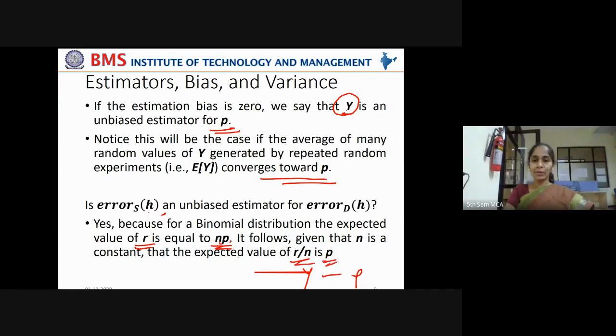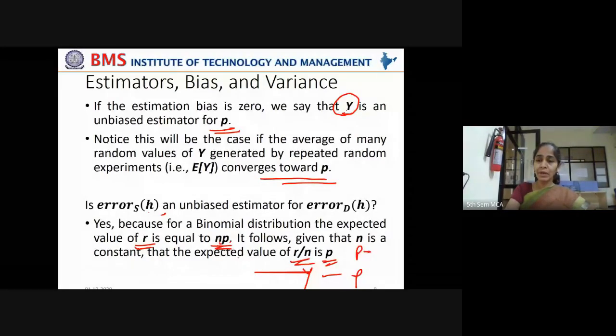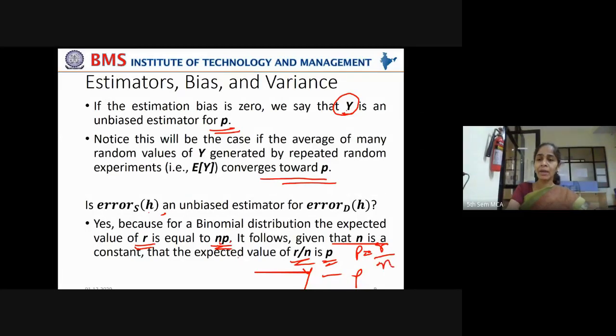Now when you have made n constant and taken r as the value that y can assume, you can equate the probability of the event you are interested in to r by n. r is the event you are interested in out of the total number of data points.